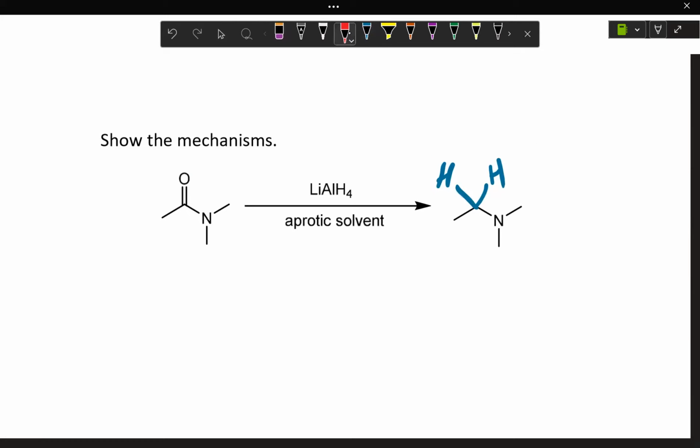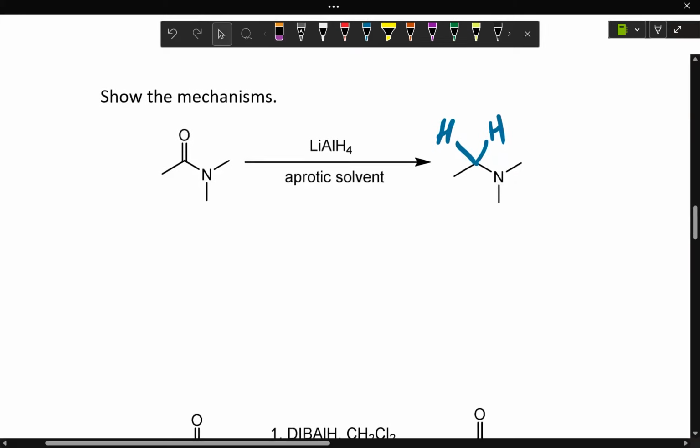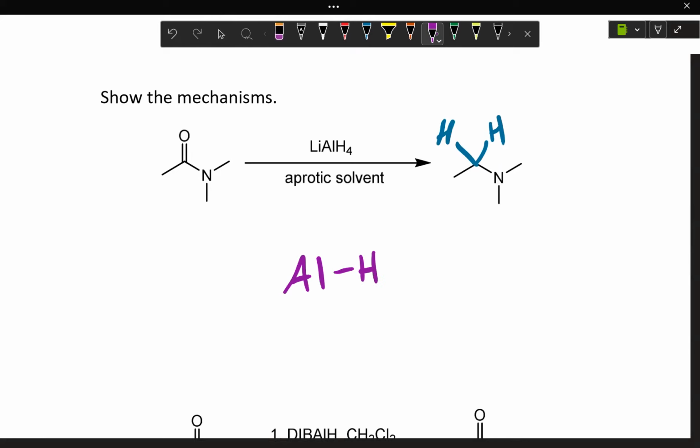And what's our hydrogen source? This is our hydrogen source. So we're going to be using this lithium aluminum hydride in order to add on 2 hydrogens to remove the carbonyl. So let's draw out lithium aluminum hydride. It's going to look like this.